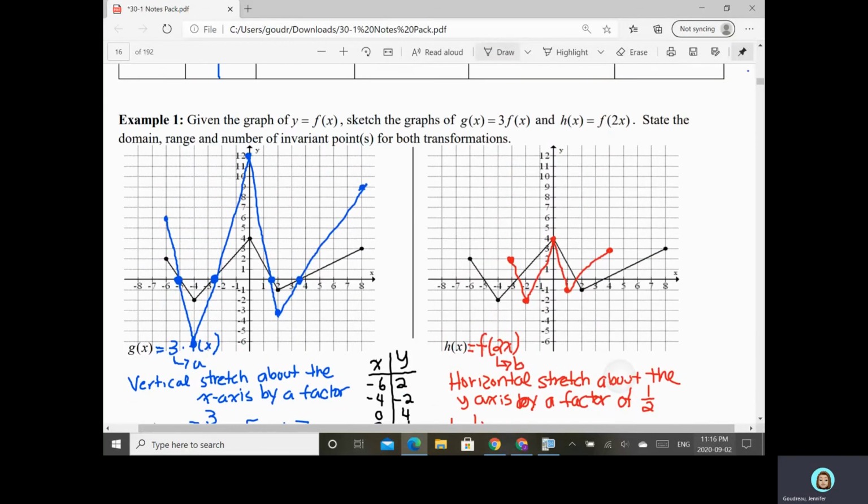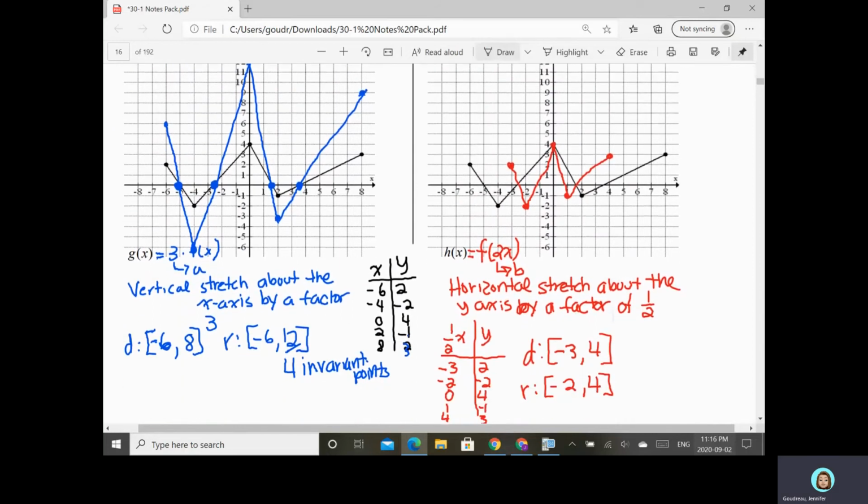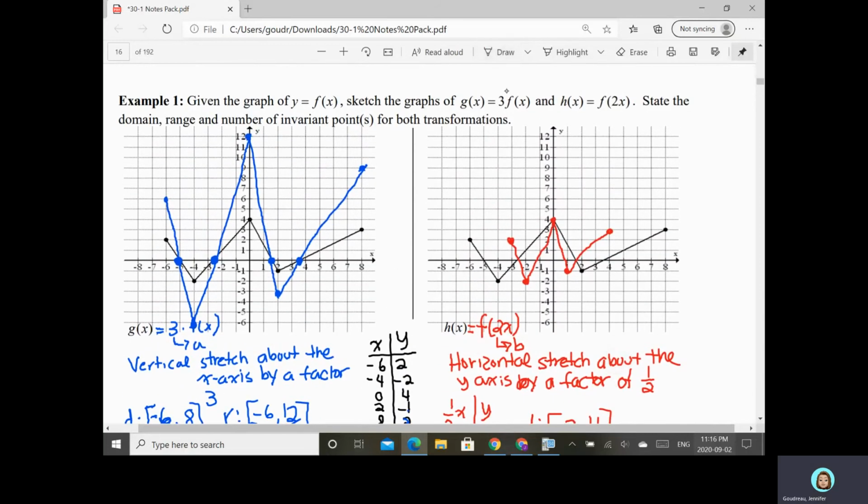It's really important that we look at the position of that coefficient. If it's in front, then it is a vertical stretch. If that coefficient is in with the x, it is a horizontal stretch. For the vertical stretch, our stretch factor is the a value. For the horizontal stretch, the stretch factor is the reciprocal of the b value.